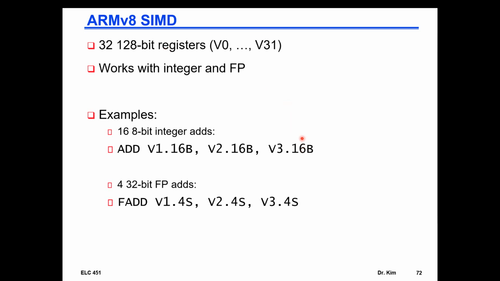So you're going to do 16 additions at the same time on bytes. And each respective byte of vector register 3 is going to be added to the respective byte of vector register 2, and the result is going to be put in the respective byte of vector register 1. Because each of these is 16 bytes, the 16 additions of 8 bits are going to be done at the same time.